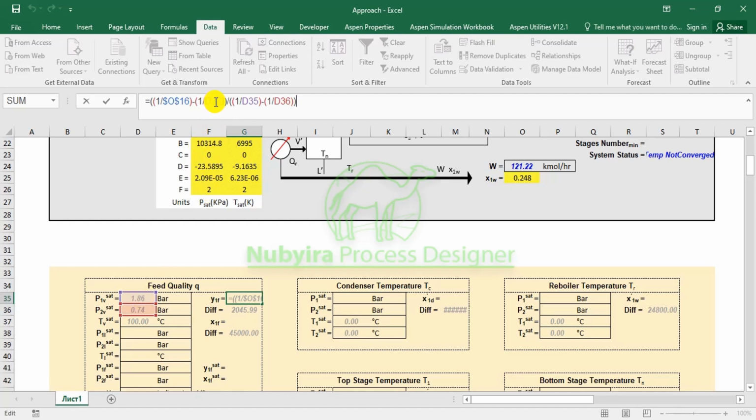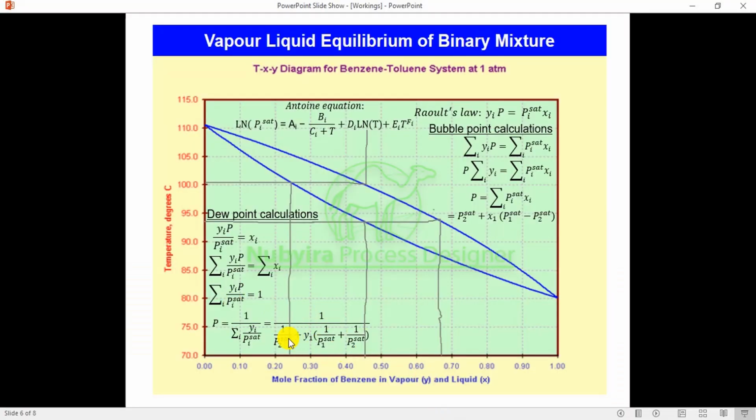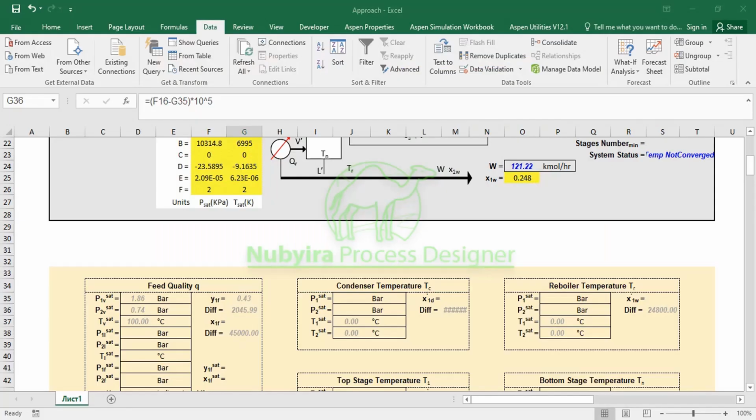So we have 1 over D36 and 1 over D35 minus 1 over D36. That is when you solve this formula over here. You understand? Then you make yi the subject of the formula here. When you make yi the subject of the formula, then that's the value that you are going to get.